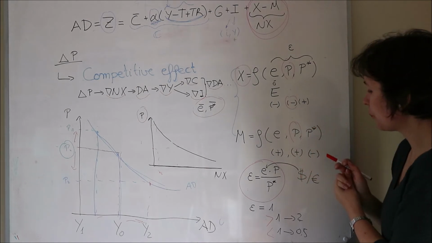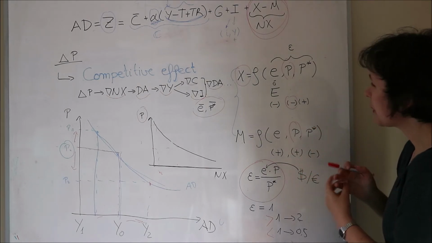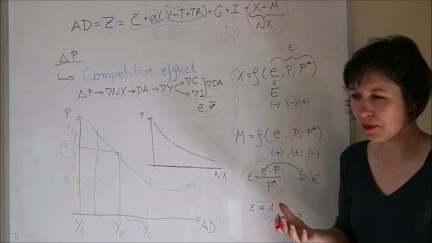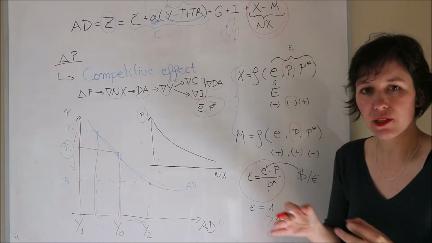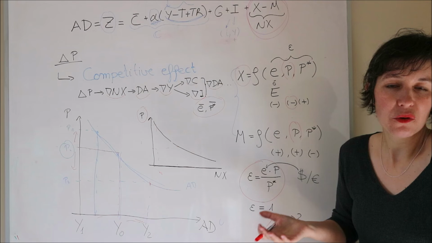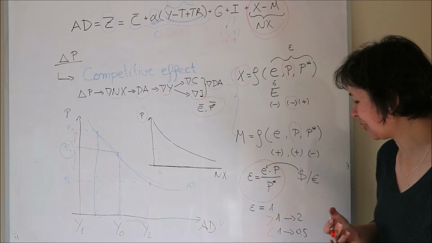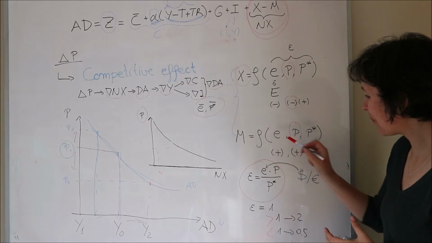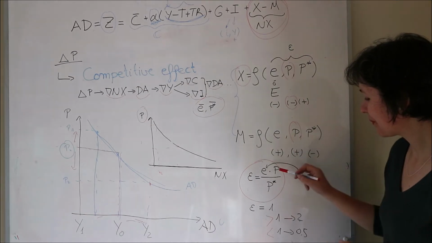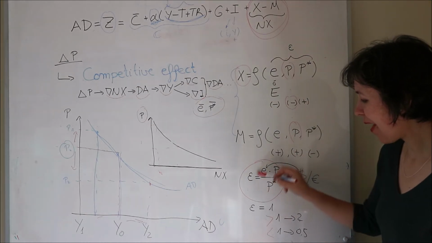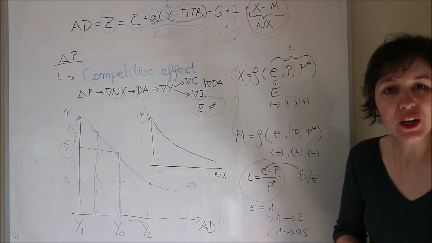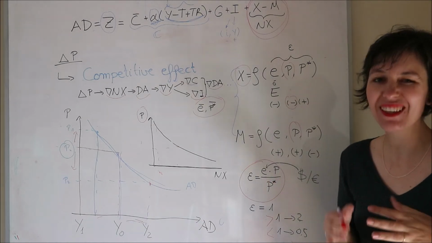That's the main conclusion. Also, though we don't need to talk about the real exchange rate, I like to introduce all the terms that I can whenever I have the opportunity. You can see how these three elements are here also. And this is the definition of the real exchange rate, not the nominal, the real.